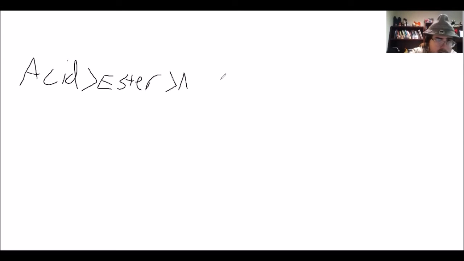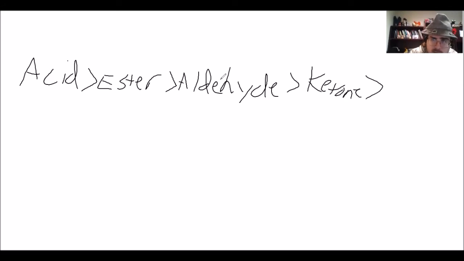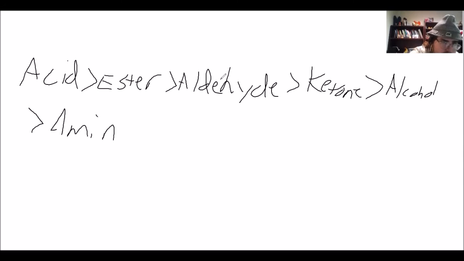Now, when we look at priorities of naming, acids are going to be the highest, followed by esters and other acid derivatives, followed by aldehydes, ketones, alcohols, amines, alkenes, and alkynes.